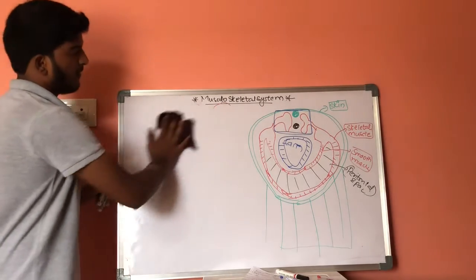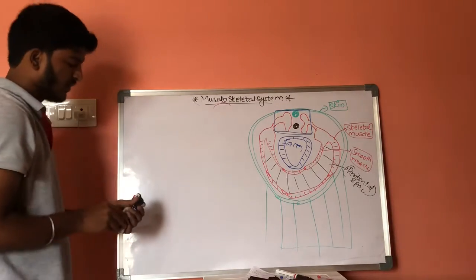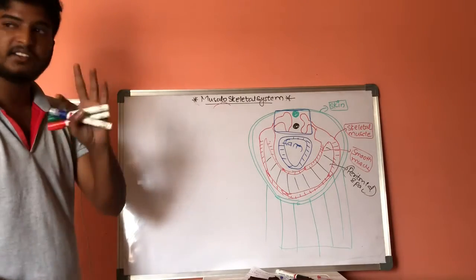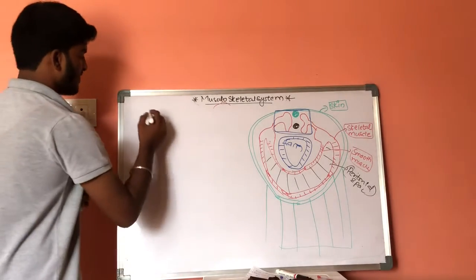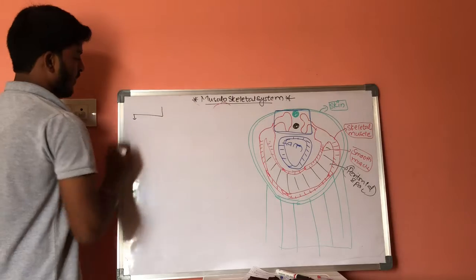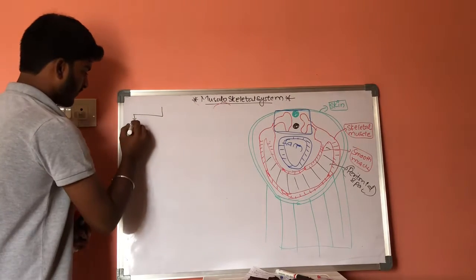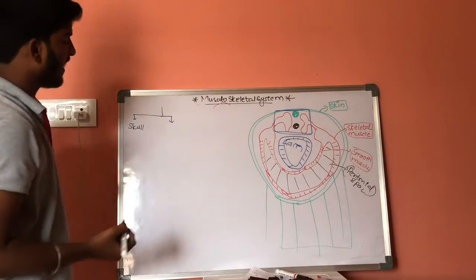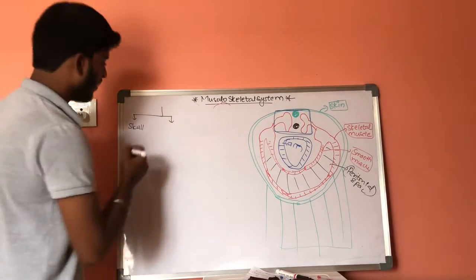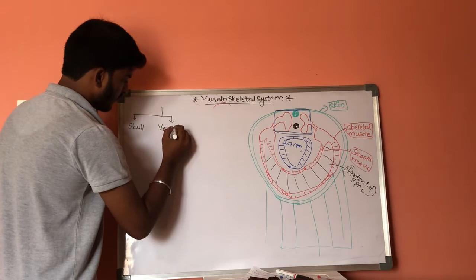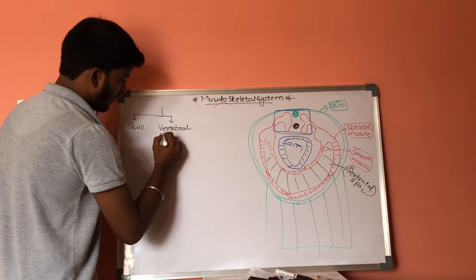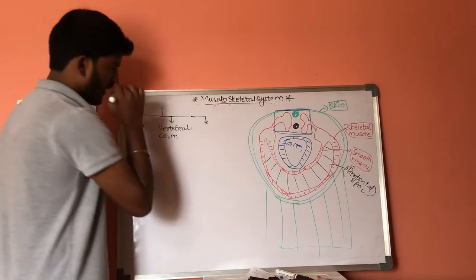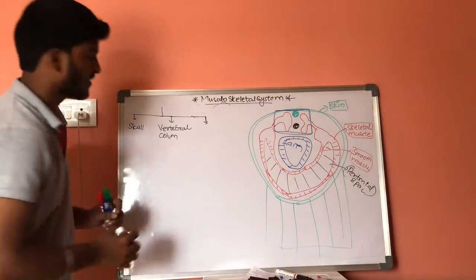development of the musculoskeletal system. The development of the musculoskeletal system is studied under three categories. The first category is development of the skull, the second category is development of the vertebral column, and the third category is development of the arms.